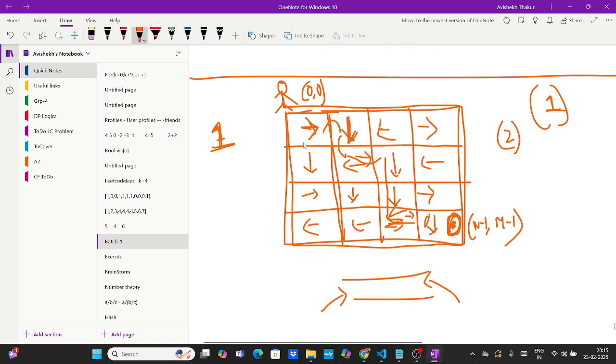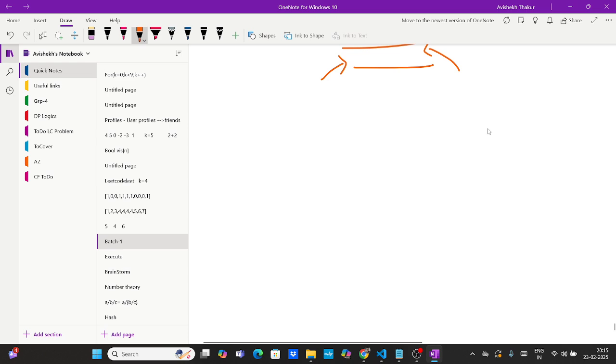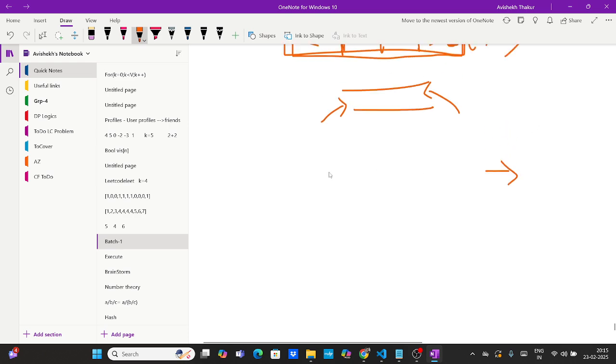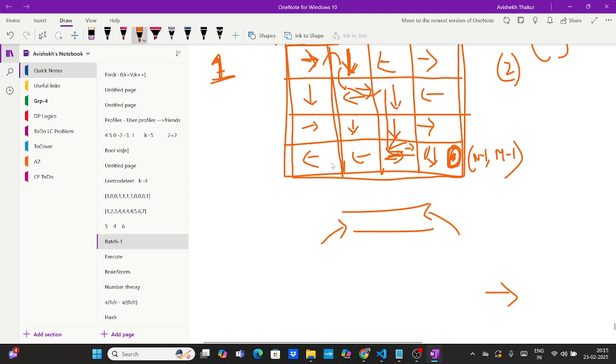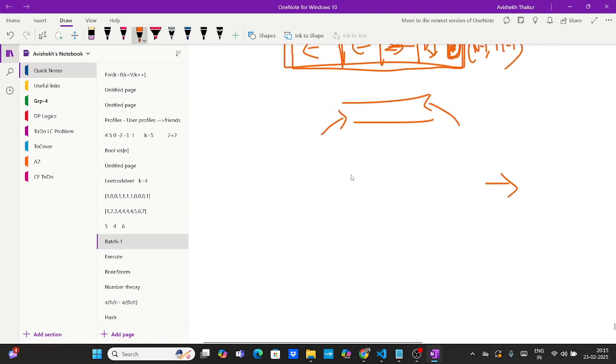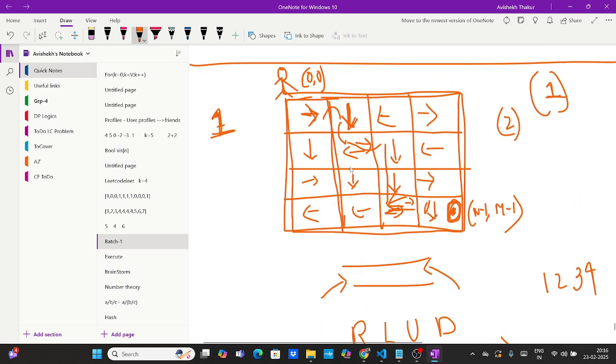Let's say some strings or characters, it can be characters, something like right, left, up, down, or numbers 1, 2, 3, 4. Let's try to deal with this. Okay, so now you guys think for a couple of minutes. Think in your mind whether you can code it up first.